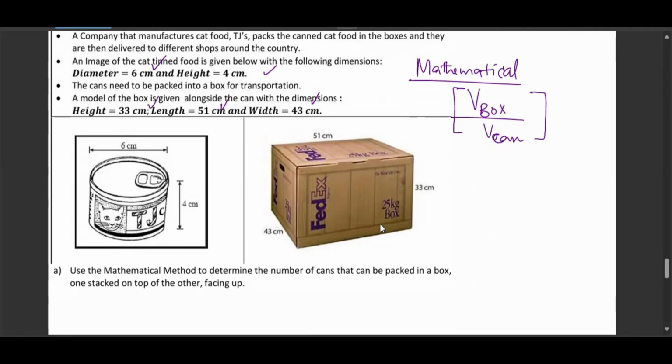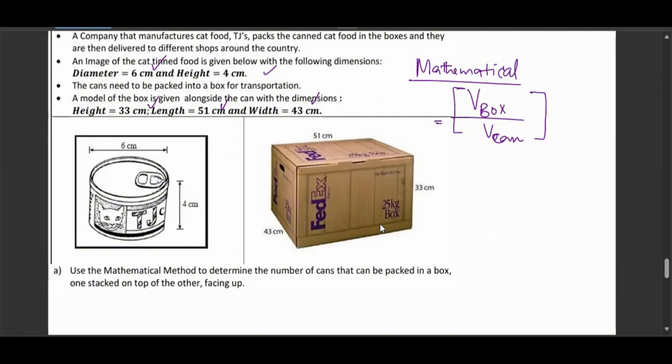Remember, when you pack these round tins, they leave some spaces. If you use the volume of the box, the mathematical one, the answer won't be accurate. Why? Because it does not look at the space. It assumes that all space is occupied, which will be too hard.